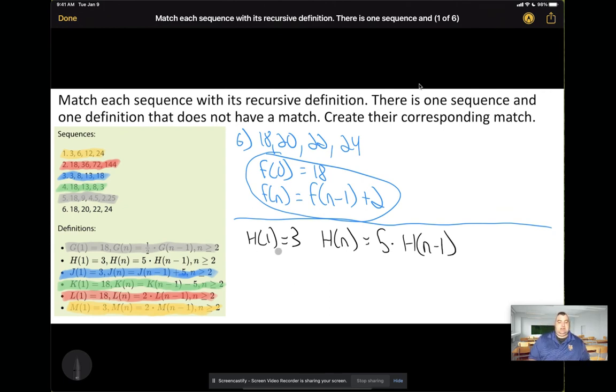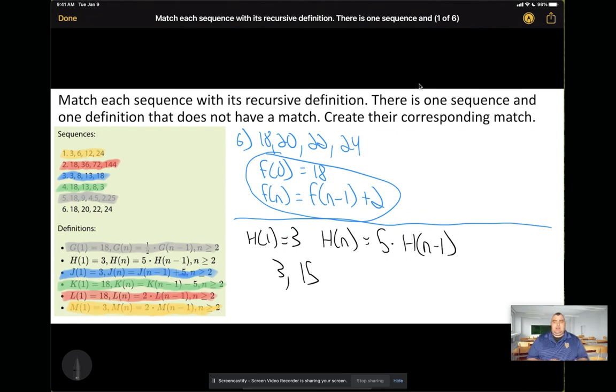So this is telling me that the starting term is 3, and to get a new term, I take the previous term and multiply by 5. My starting term is 3, and to get each new term, I multiply the previous one by 5, which is what this definition says. So 3 times 5 is 15. So the second term is 15.